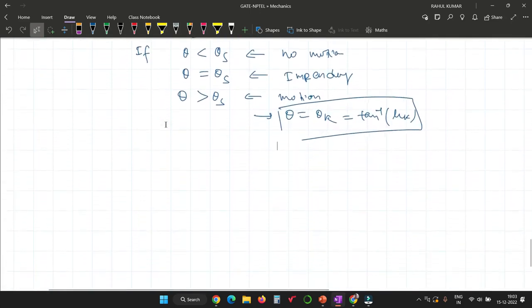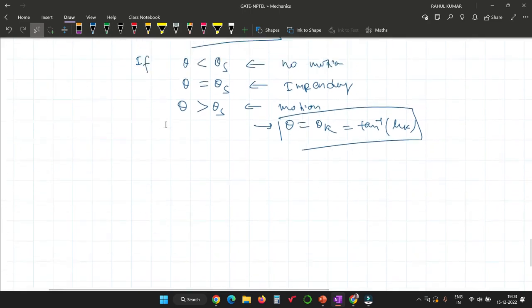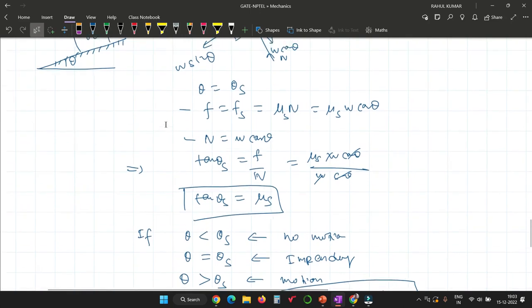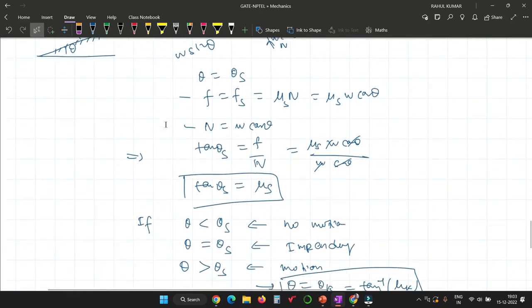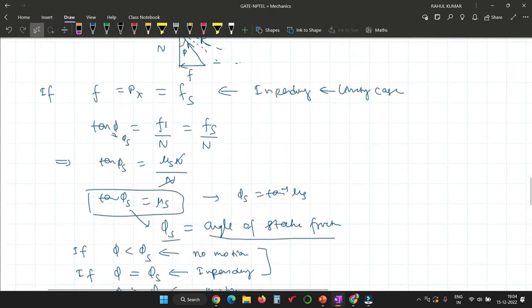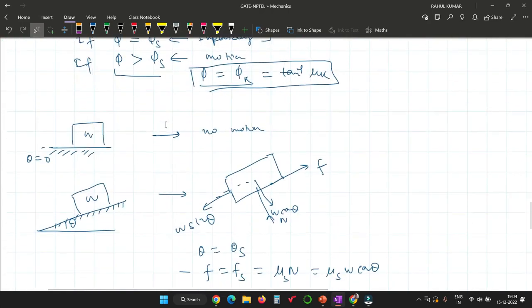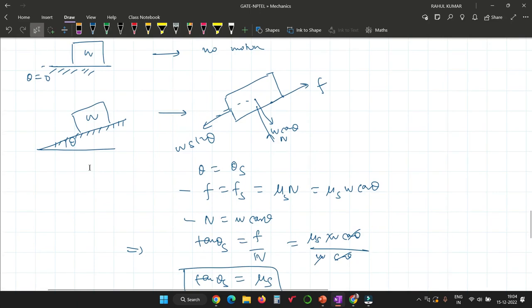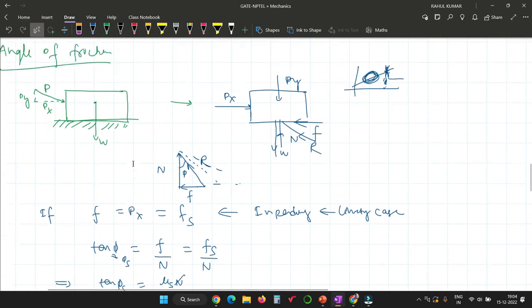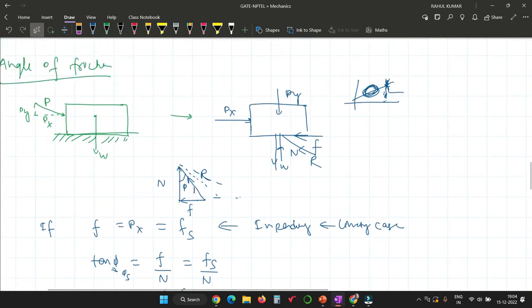Okay. Should I move further? Sir, at limiting condition, theta becomes phi, right? Yeah, actually both situations are the same. Either you can rotate this plank, or you realize that the angle between these, both are the same.